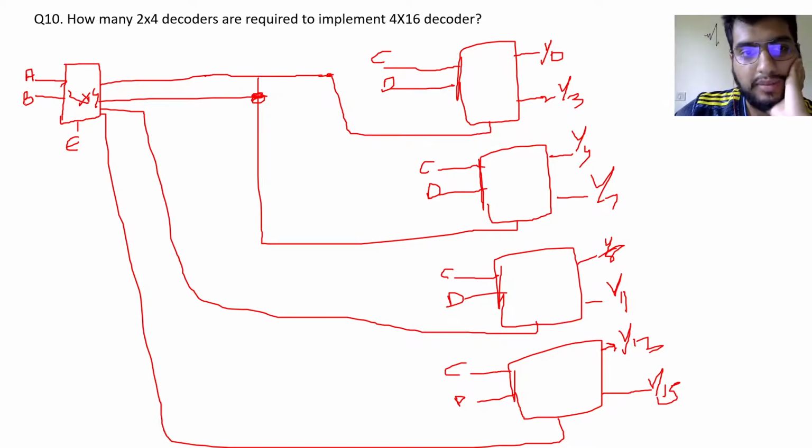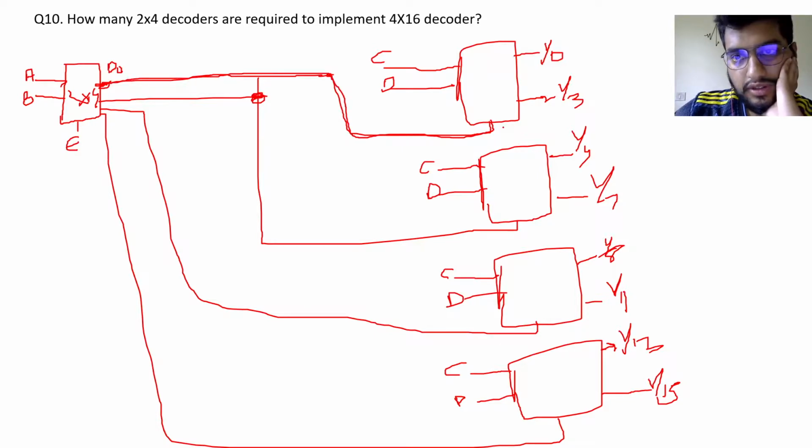So once A and B are 0 0, this input line D0 is selected, and this D0 turns on this decoder. To turn on these output lines, it will depend on the combinations of these three.